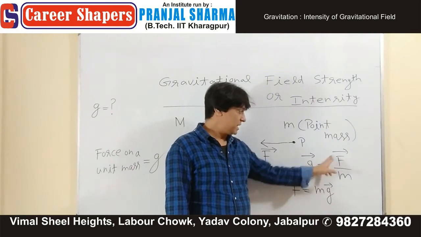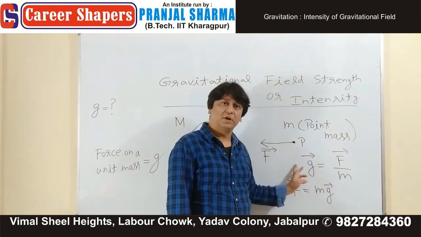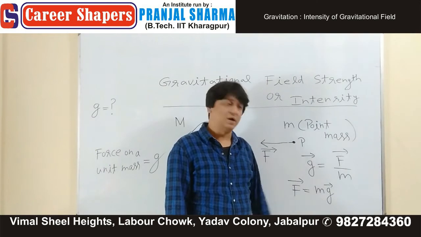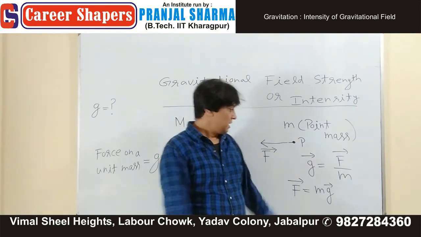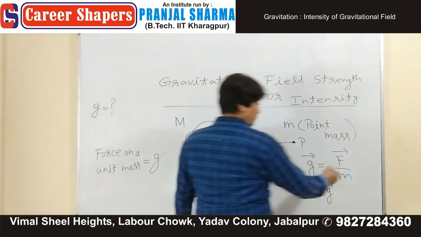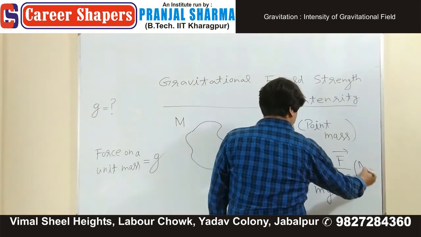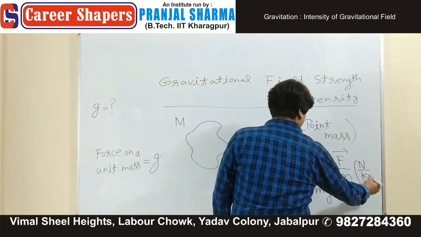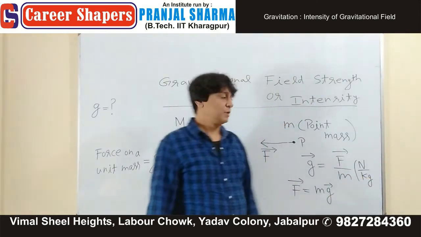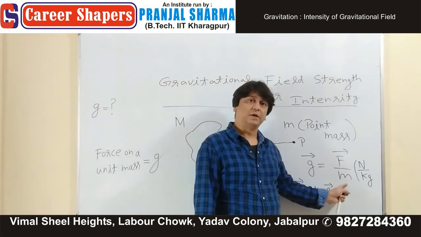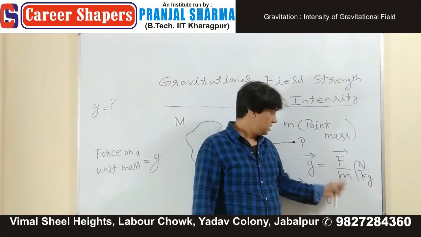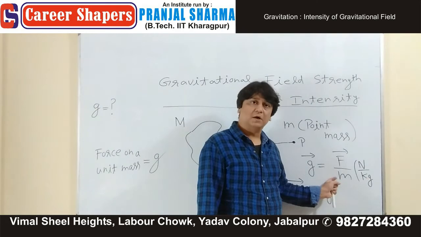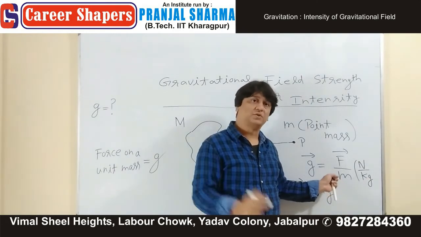G is F by m. What is G? Force on a unit mass. Since this is force on a unit mass, its unit is newton per kg. But force upon mass, you know, is acceleration.